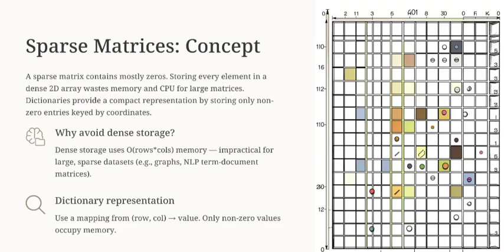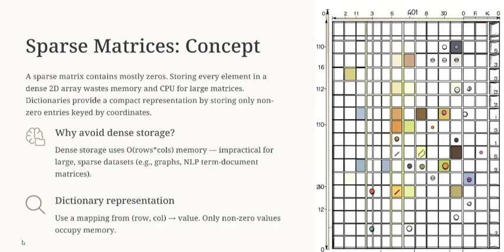Okay, so dictionary representation of sparse matrix. A dictionary provides an efficient solution. Instead of storing all values, we store only non-zero values. The key represents row and column. The value represents the actual data.